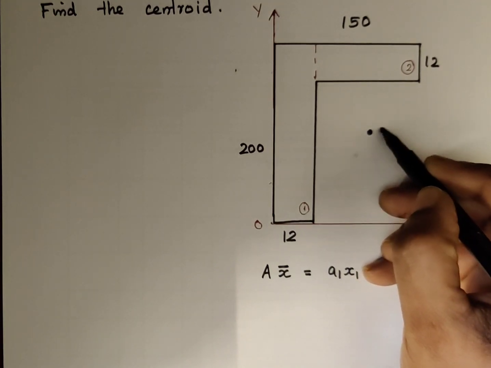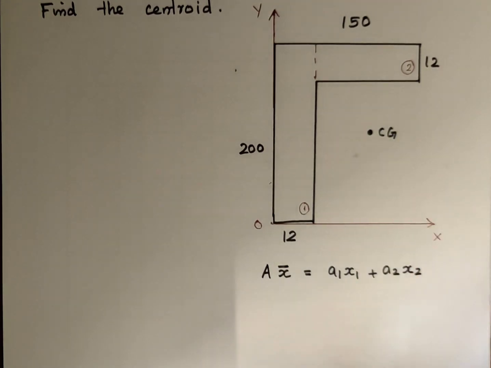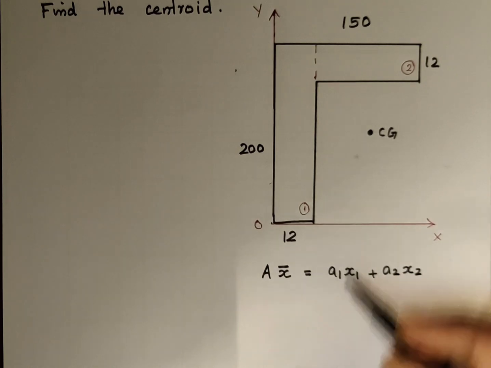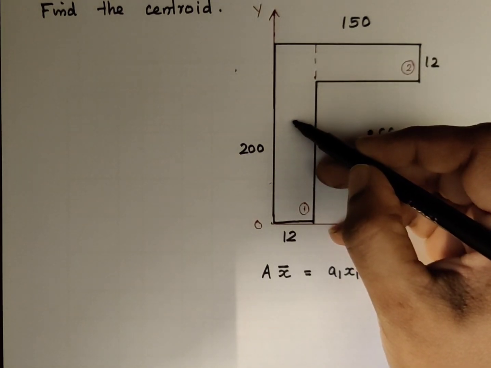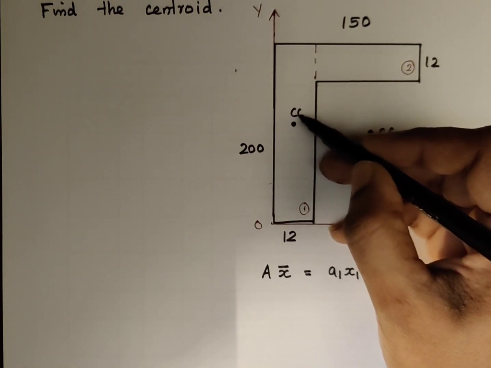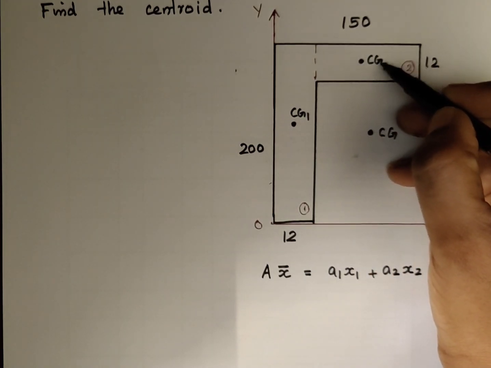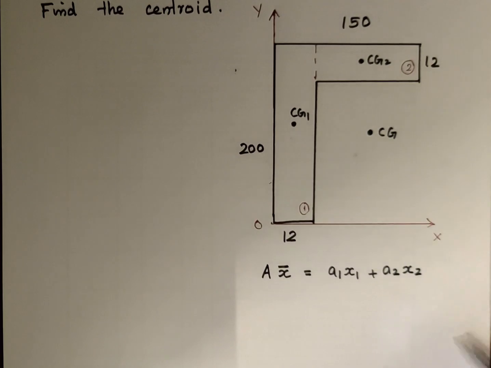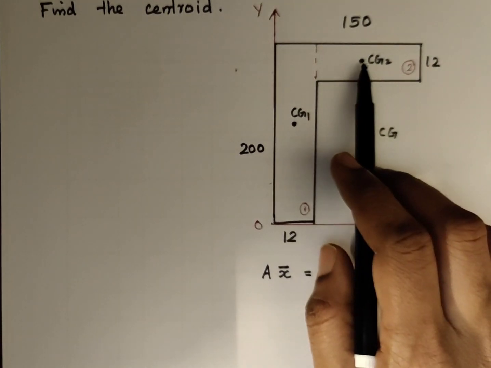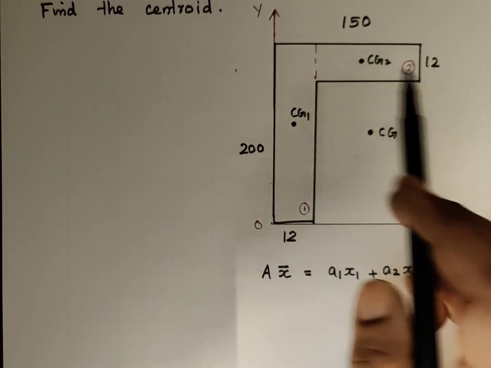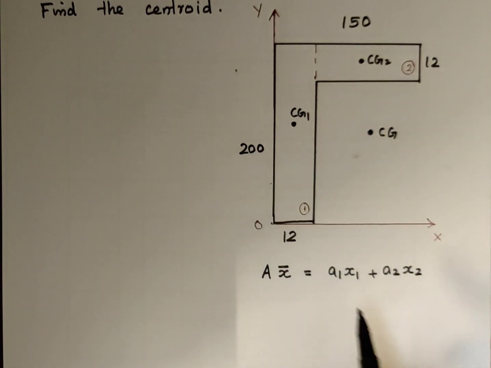Maybe the centroid is here for the composite section, and for the first rectangle the centroid is assumed here, and for the second rectangle the centroid is assumed in this position. Now we are taking the moment of the total area about this OY axis.